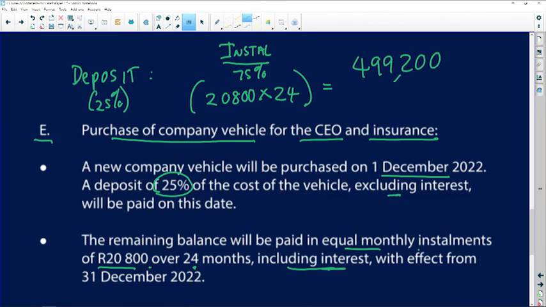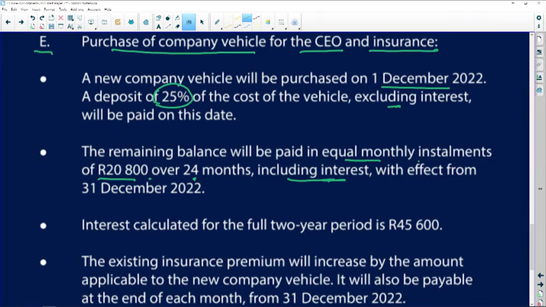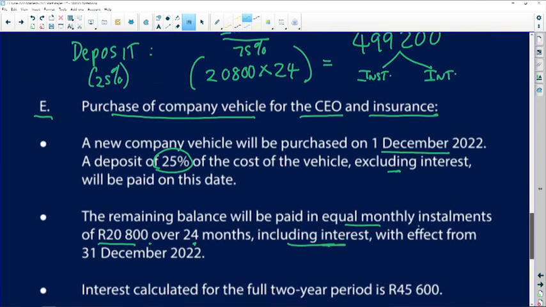But remember, this 499,200 is broken down into the actual installment towards the capital portion as well as the interest. The interest calculated for the full 2-year period is 45,600. So that's the interest I've got to pay.